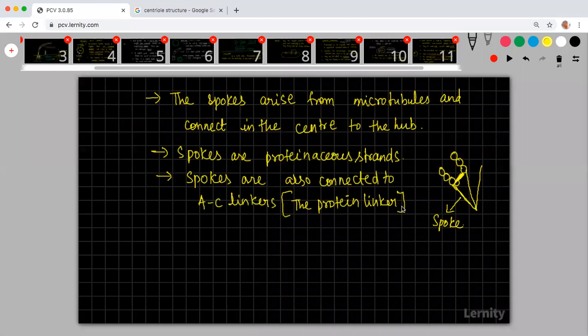Okay. So the final thing is, what is the function of centriole? The function of centriole is, it is the microtubule organizing center.